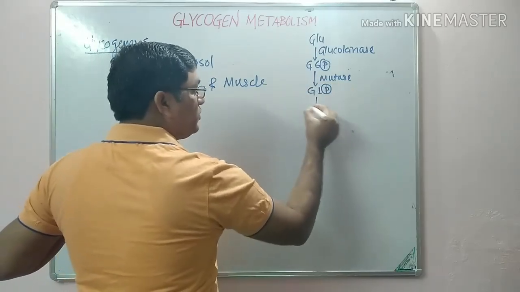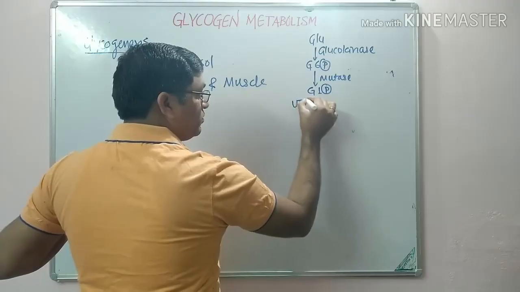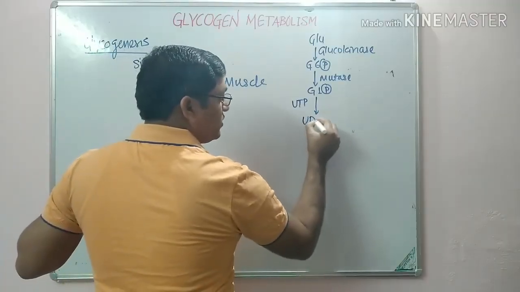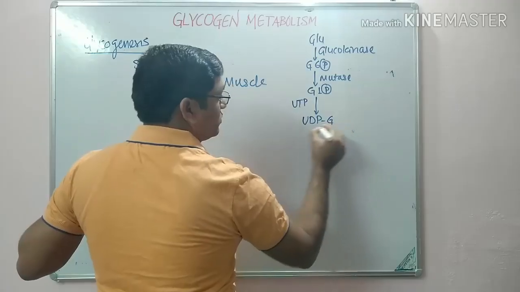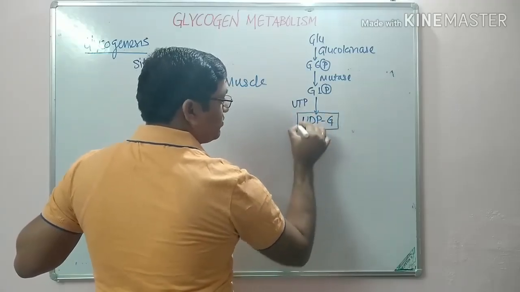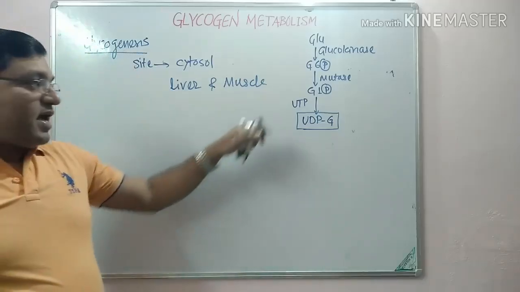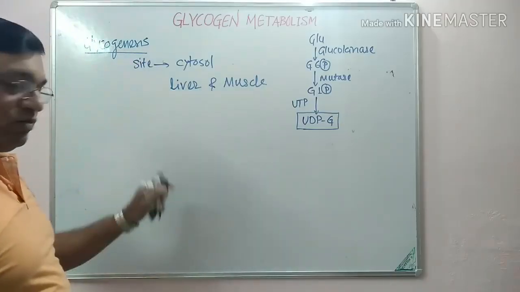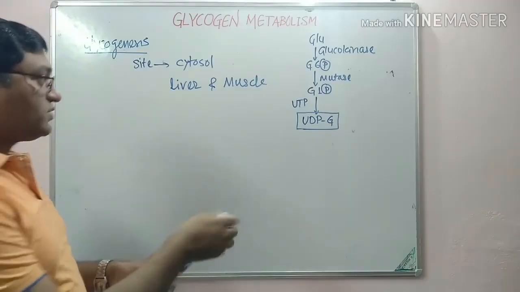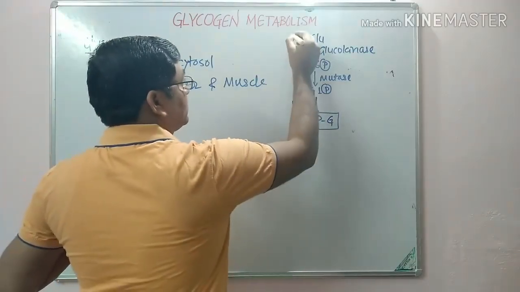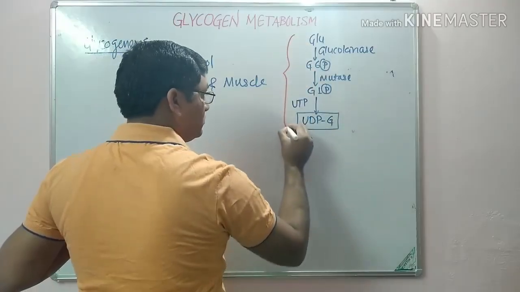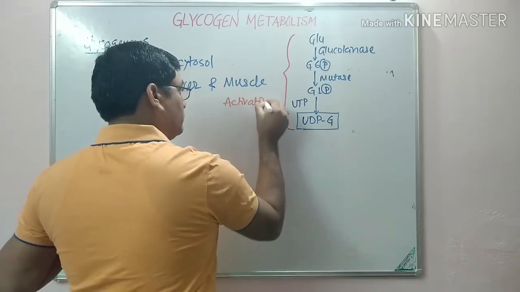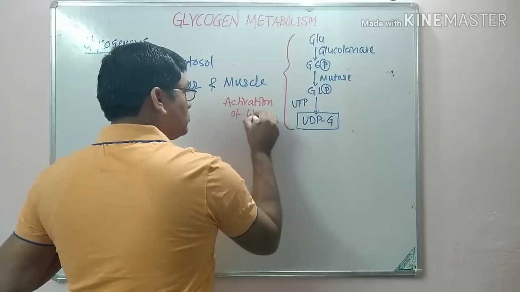And with the help of UTP, this glucose 1-phosphate is converted into UDP glucose. Up to this step is known as activation of glucose, or synthesis of UDP glucose. So this is the first step, the activation of glucose.